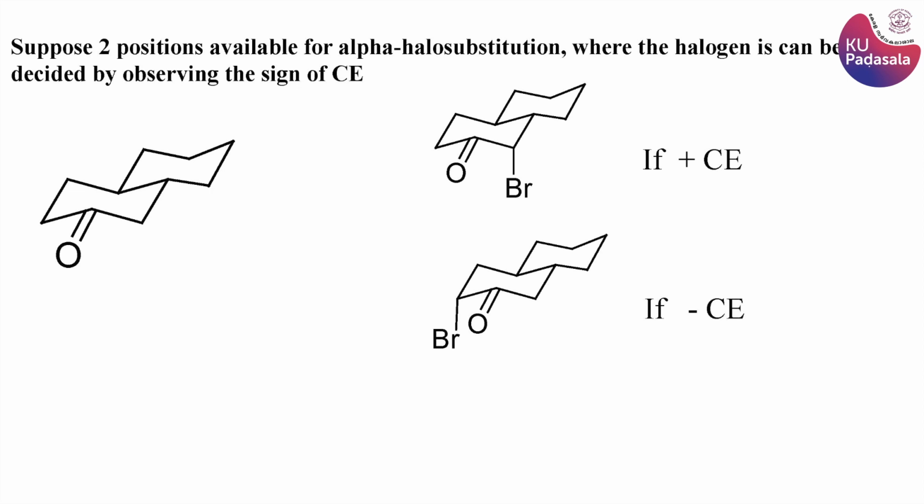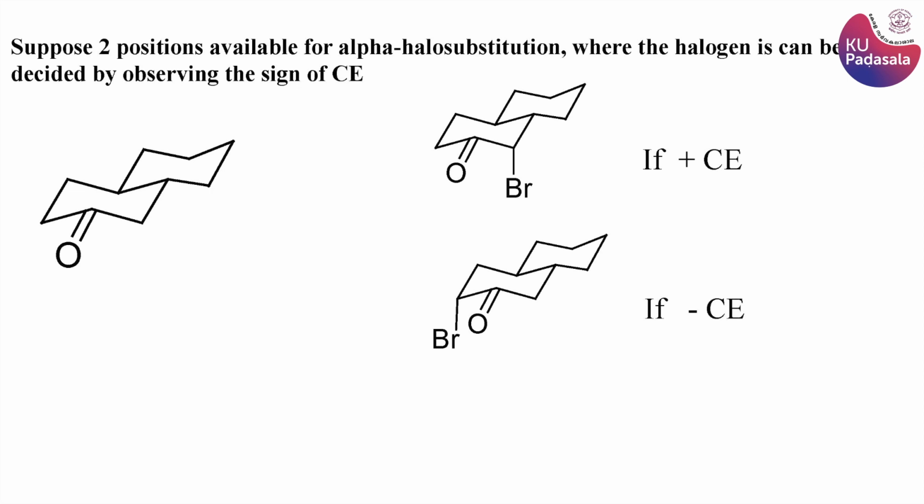Here is another example, where two positions are available for bromination. When you have this type of carbonyl group where you have two almost equivalent positions, the bromine can go to either one side or the other side. That is what we observe when we do the experiment. When you do alpha substitution and you take the CD of your compound, if you see a positive Cotton effect, then that means the bromine has come to the right side as shown in the top figure.